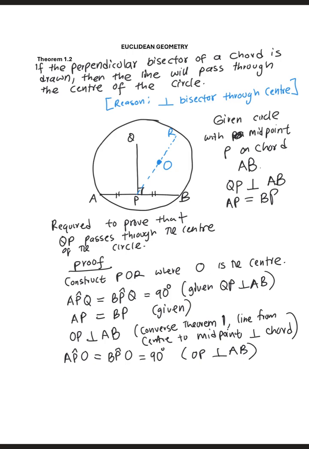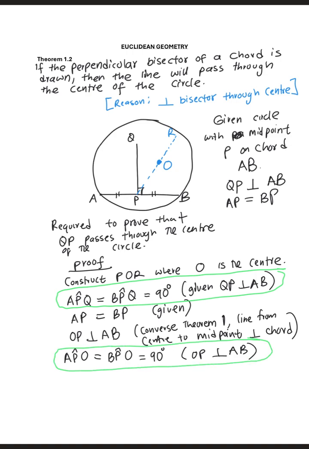Now we use this fact in the next step. Because APQ and BPQ are equal to 90, and APO and BPO are also equal to 90, it follows that APQ equals APO, and both are 90.